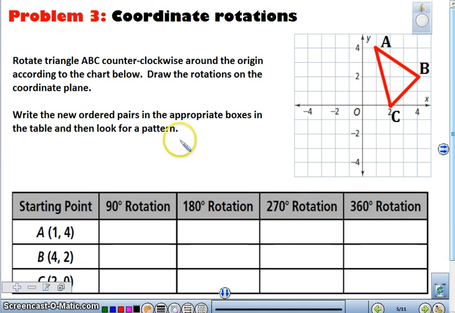We want to now try this, knowing what we know, and we want to try and rotate it 90 degrees, 180, 270, and 360. And so each time what we're really going to do is we're going to write about those new pairs. And remember, if we go 90 degrees, and this is always for our counterclockwise, we are changing it to the switching them around, and then the Y, the new one becomes the opposite.